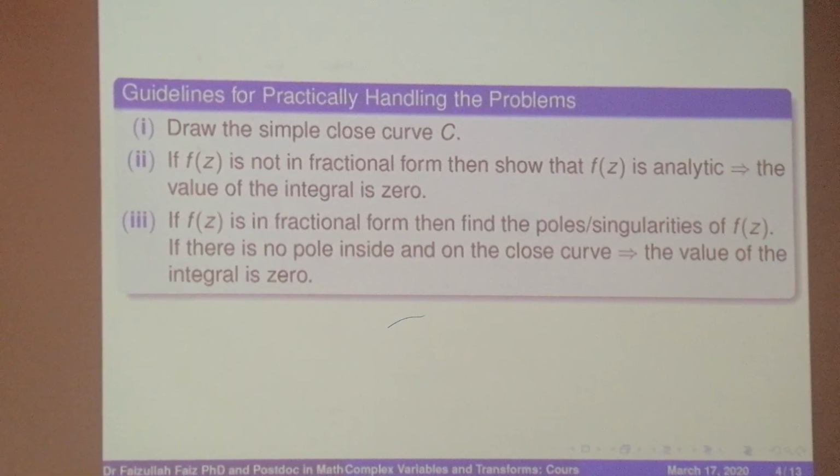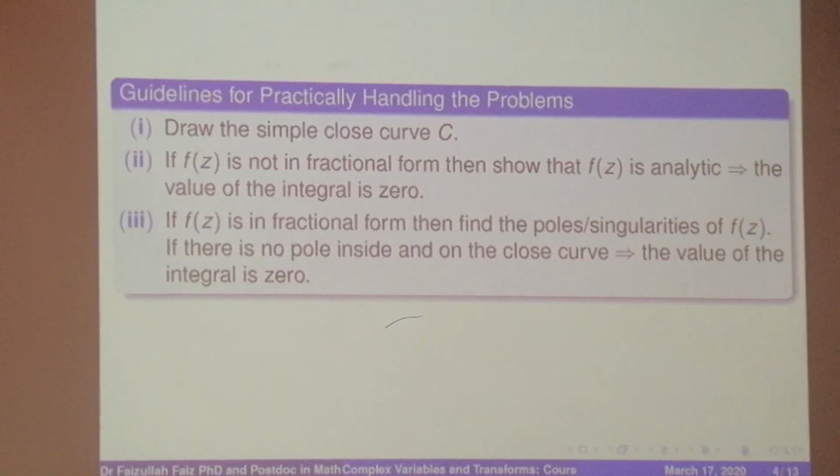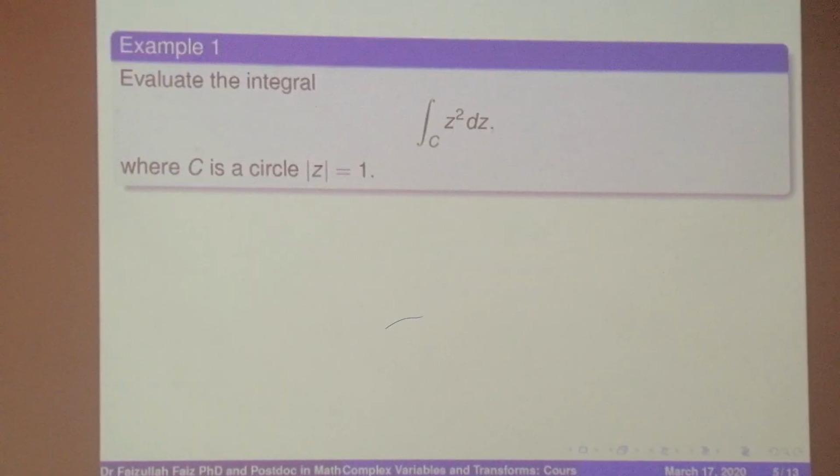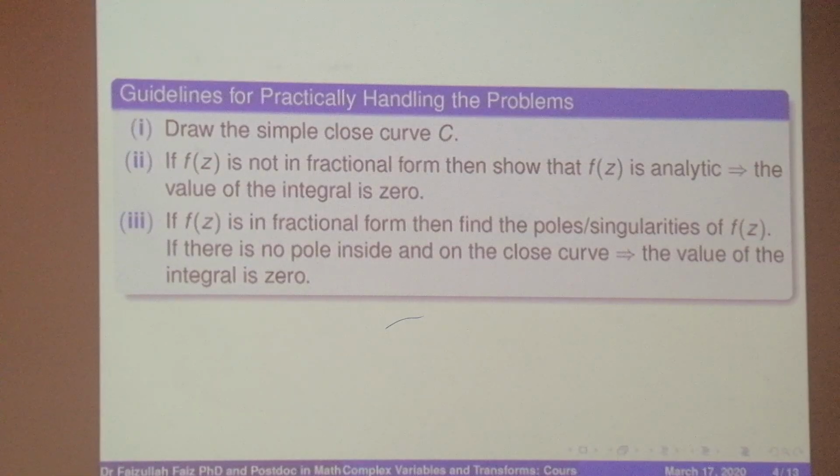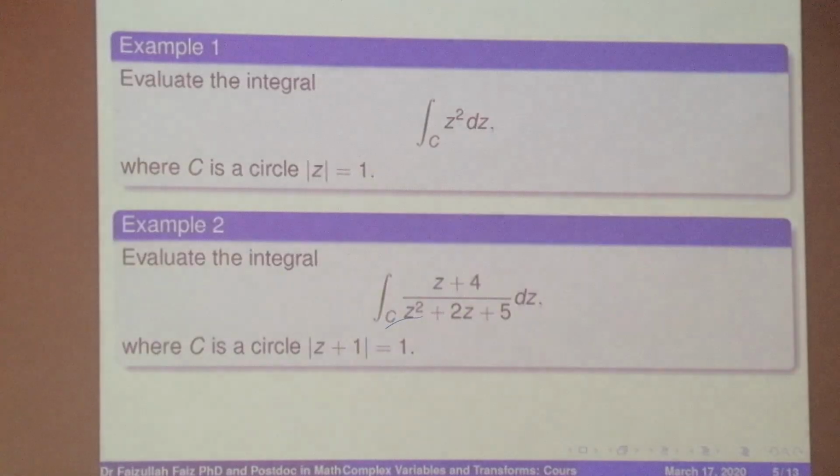And now we have to solve some questions, like let us see this example. In this example, you can see that we are given a simple function, f of z is equal to z square. So we have to use the guideline number 2 in this case. And now look at this function. In this example, the function is in fraction form, and we have to just find the roots of the function in the denominator.